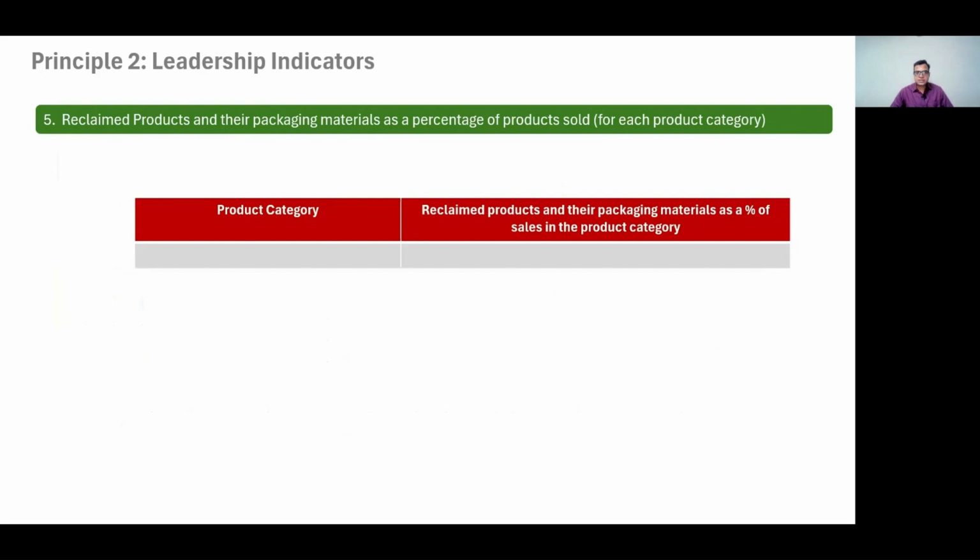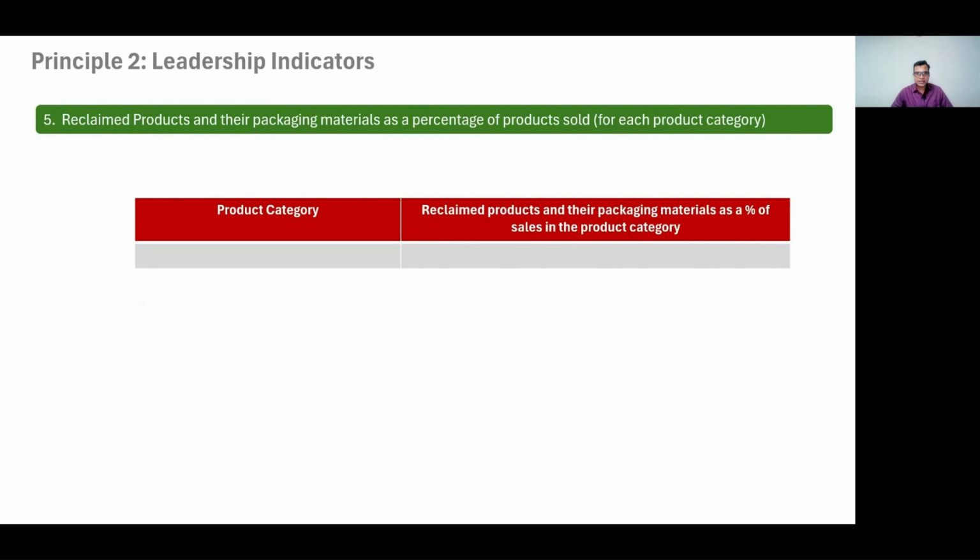The last leadership indicator again relates to the same thing, reclaimed products and their packaging materials as a percentage of products sold under each product category. This is again a very tricky question because it does not specify whether it is in terms of quantity or value.